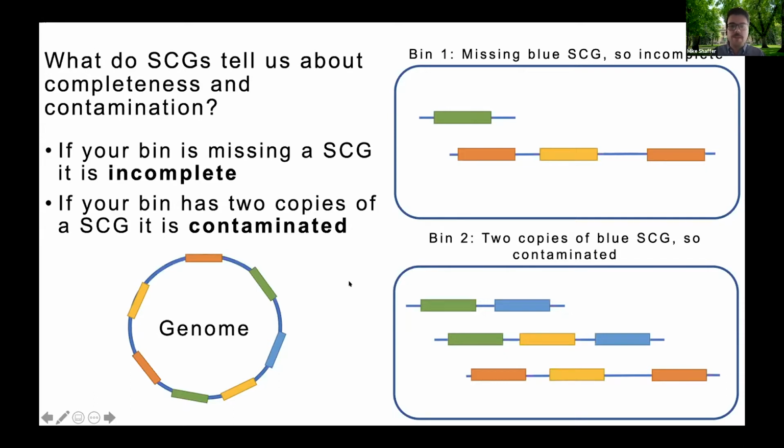Then we can also look at our bin 2 example here in the bottom right. In this bin, we see that there are 2 copies of the blue gene. This means this bin is contaminated. We know based on that plot from the previous slide that each genome should only have 1 copy of the blue gene, and therefore this genome is contaminated.